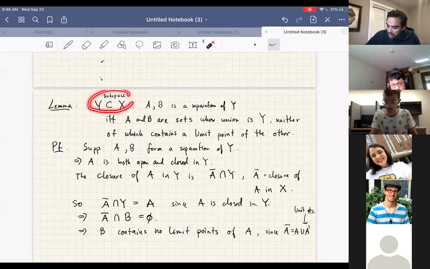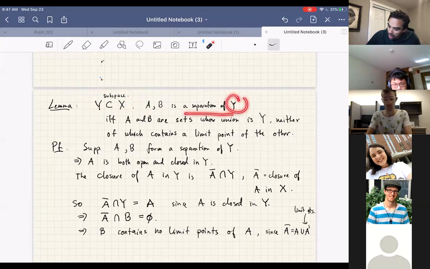Let Y be a subspace of a topological space X. Then A and B form a separation of the subspace Y if and only if A and B are sets whose union is Y, neither of which contains a limit point of the other.